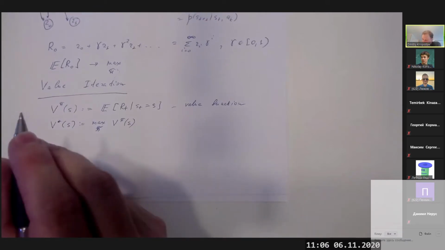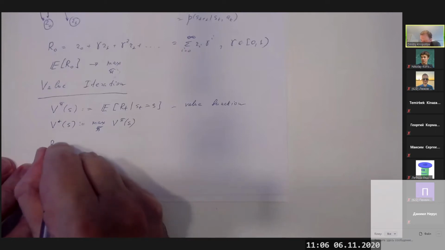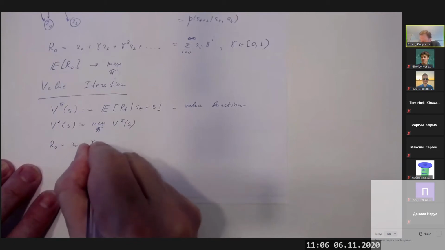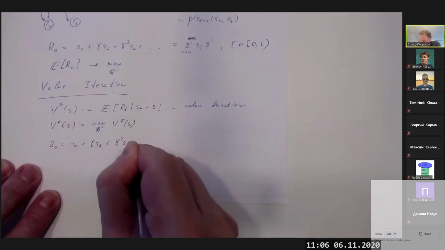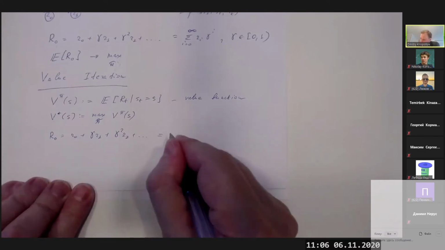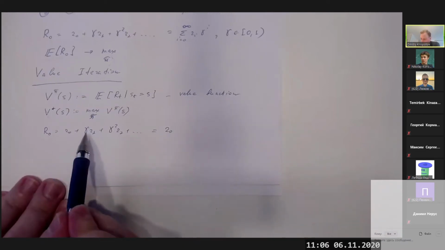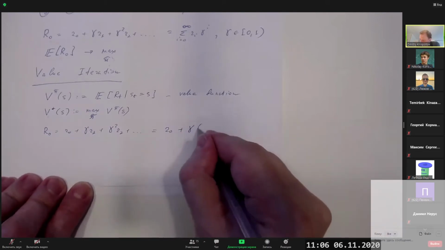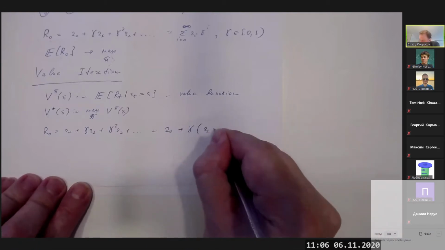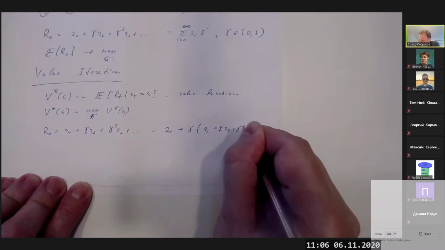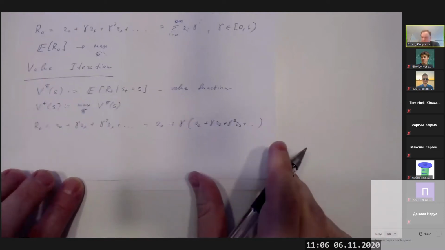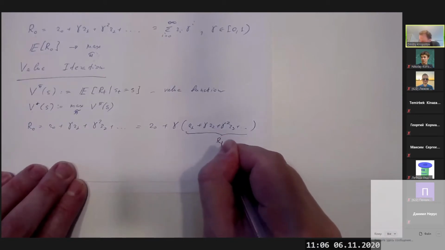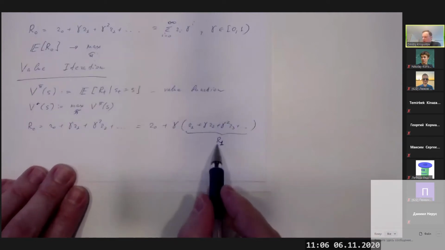So first of all, again, let's rewrite our cumulative reward. This is some discounted reward, plus etc. And we may rewrite it in the following way: move our gamma out of the brackets and say that this is gamma multiplied by 1 plus gamma r2, gamma squared r3, etc. And what is stated here is actually capital R1.